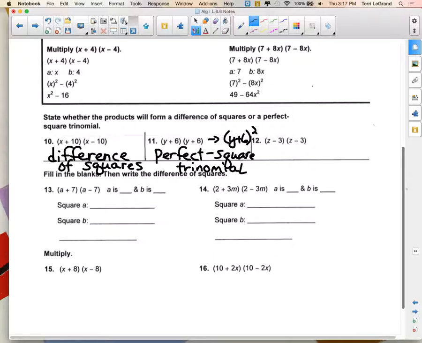Okay, how about this one? Is that a difference of squares, or would that give us a perfect square trinomial? Yeah, because this one can be written as a binomial times itself. So this one too would be a perfect square trinomial after we got done multiplying it out.